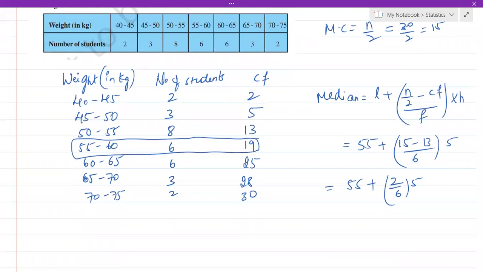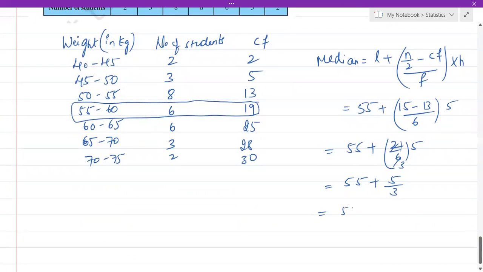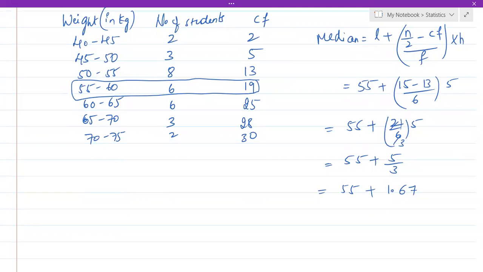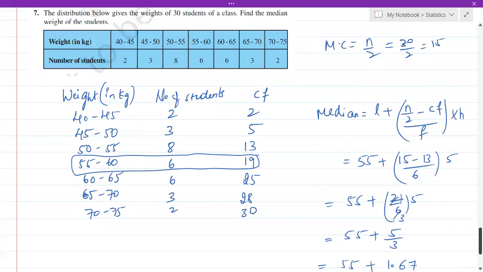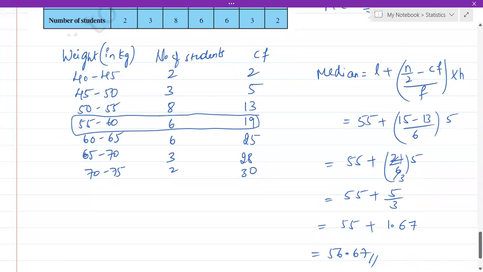So it becomes 55 plus 5 by 3, which is 55 plus 1.666. Let's take it as 1.67. If you add it, it becomes 56.67. That's the median.